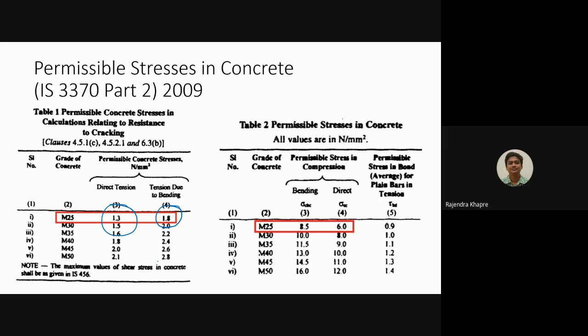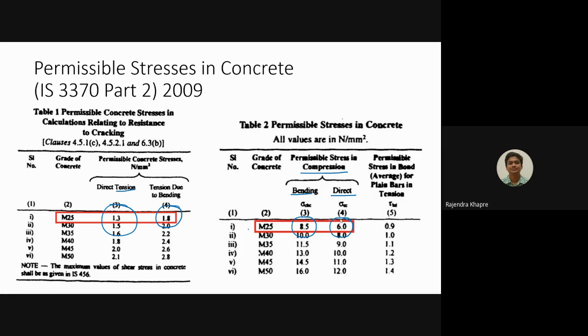Then the permissible stresses in concrete under compression. This was under tension, whereas this portion, that is table number 2, is for compression. For bending compression, the value for concrete M25 is 8.5, and for direct compression the permissible stress is 6.